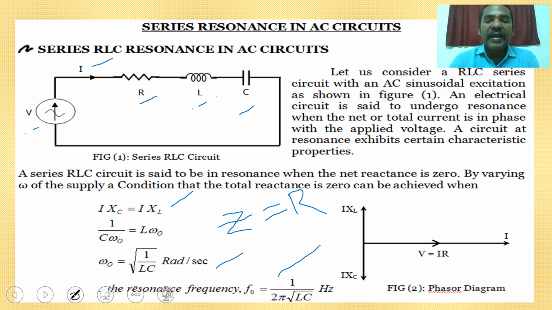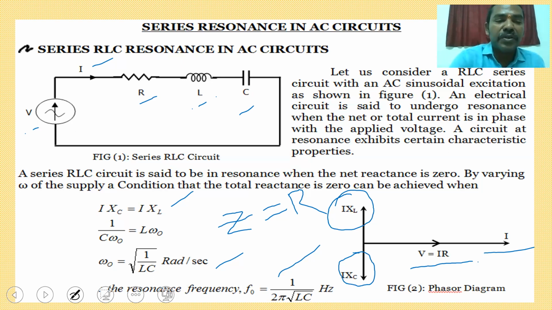Okay. Under resonance, the voltage across the resistor is I into R, and the current flowing through the circuit is I. Both are in phase. The voltage drop across the inductor will be in the J omega axis upward direction, and the voltage drop across the capacitor is in the J omega axis downward direction, and both magnitudes must be equal.